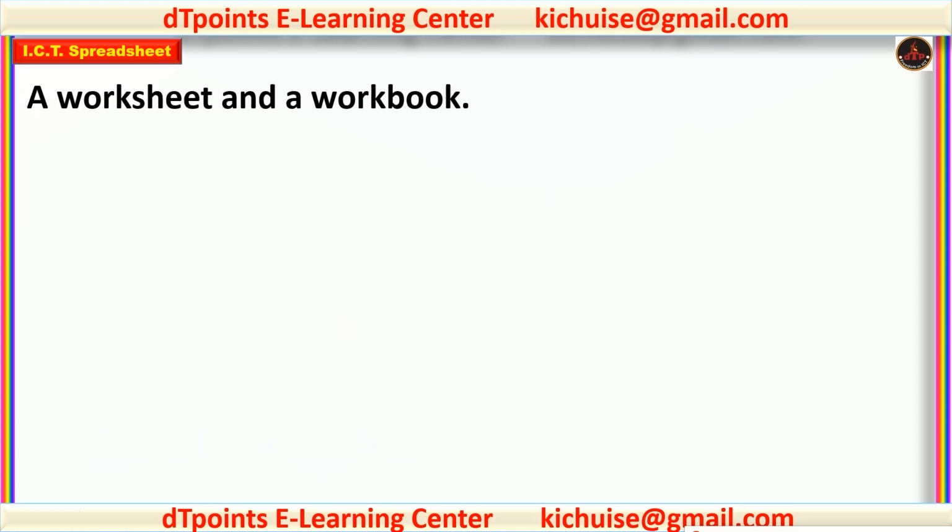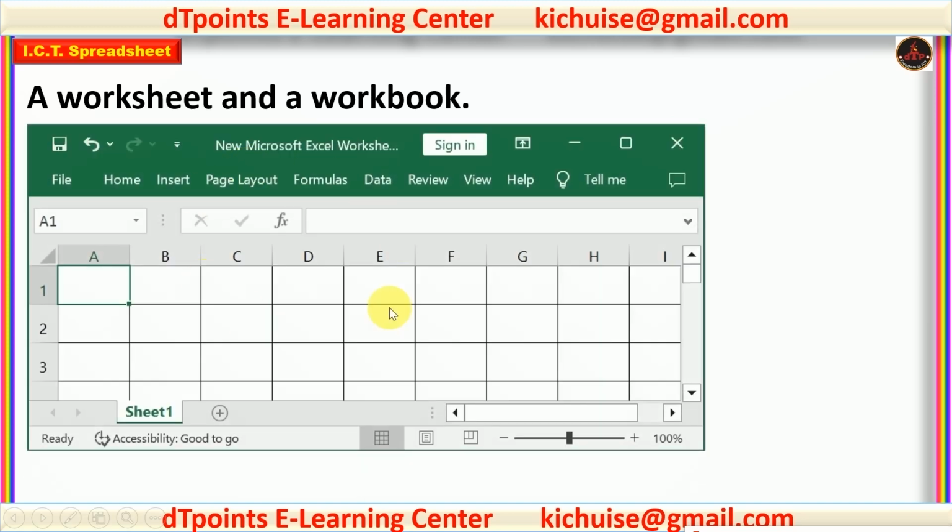Now, let us look at a worksheet and a workbook. Now, this one is a worksheet. But what is a workbook? A workbook has several sheets. A workbook should be like a book. The way you see a textbook, it has sheets.